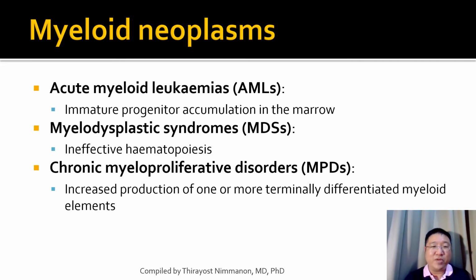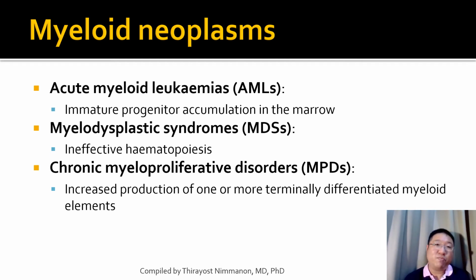If the predominant element is erythroid cells, that is polycythemia vera. If the main component is megakaryocytes, the disease may be myelofibrosis or essential thrombocytosis, or thrombocythemia.